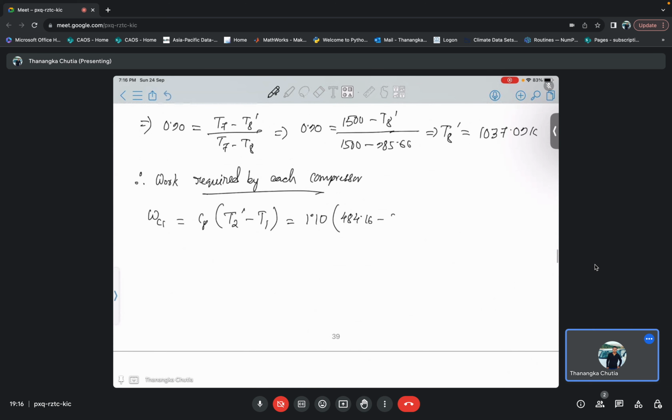So 1.10 into 484.16 minus 300, so that is 202.57 kilojoule per kg.